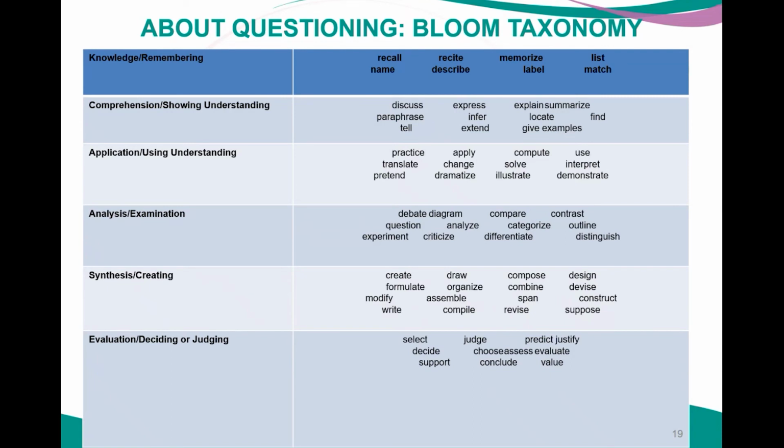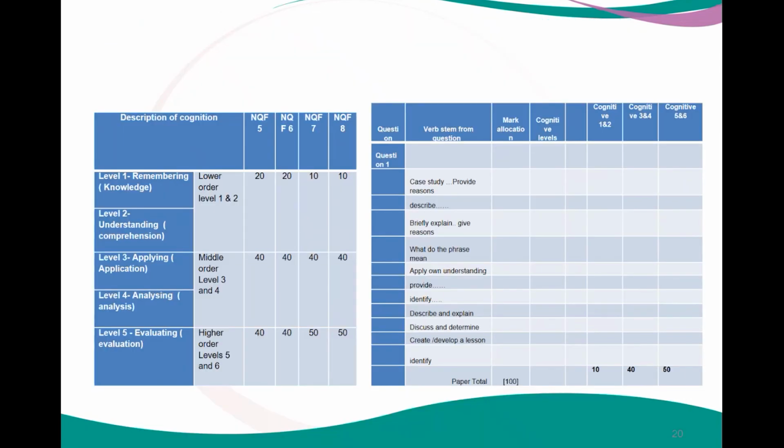There is what we call Bloom's taxonomy. And these are the verbs that we use to ask questions. You need to understand what you are required to do and what they mean. I want to show you something. When I develop questions for you, up there is NQF5, NQF6, NQF7.